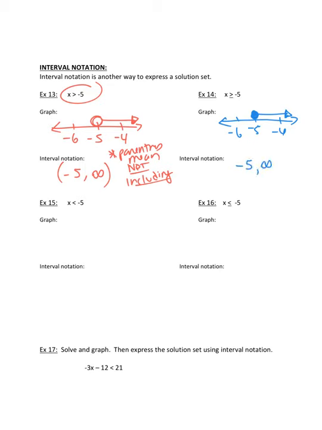It's saying any number from -5 to infinity, but this time I'm including -5. So I use a bracket, a hard bracket, to show that I'm including the number. Parentheses around infinity because infinity can still never be included. So a hard bracket, which is that squared off one, means we are including that number.